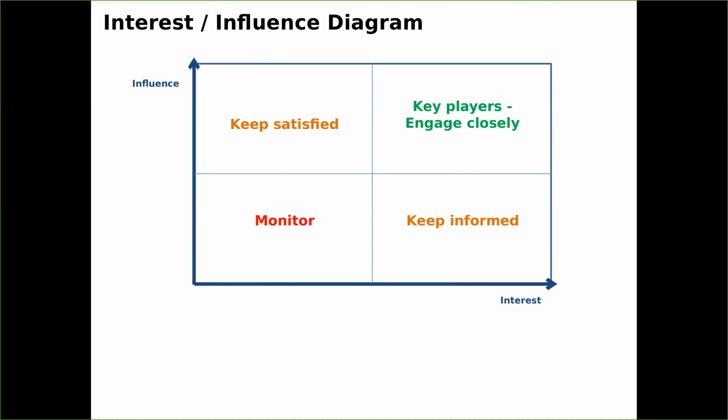Similarly, people who are really interested but don't have much influence, you want to keep informed, because they're interested and engaged but they're not going to be able to help you much. Thinking about those 4 different groups, and how you'll engage with them or not, can be really, really useful.